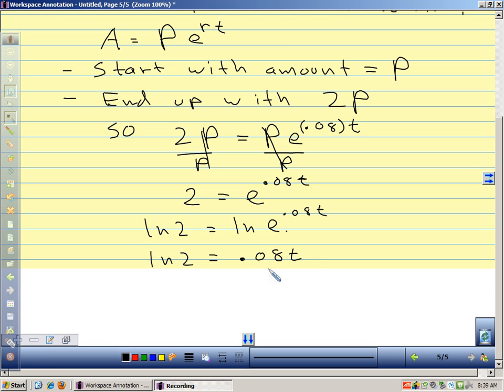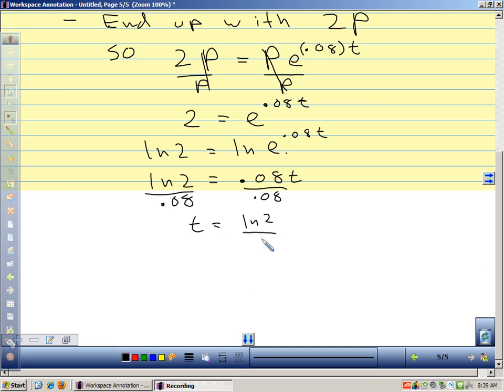And we divide by 0.08. And t equals the natural log of 2 divided by 0.08. And if we plug that into our calculator, that's approximately 8.66 years.